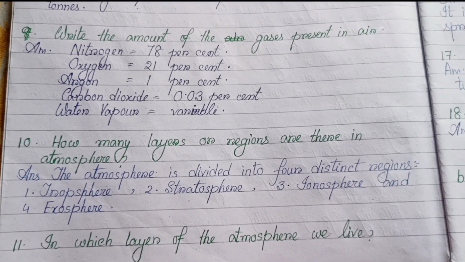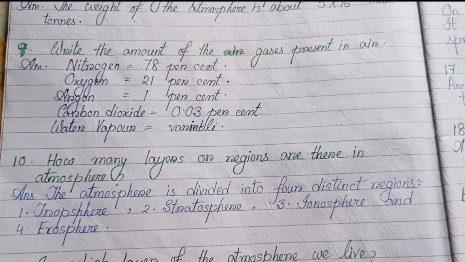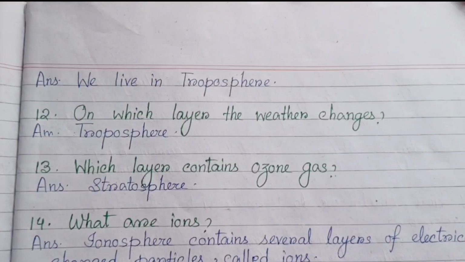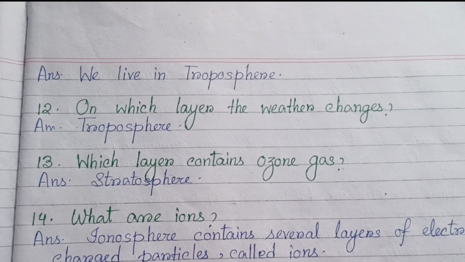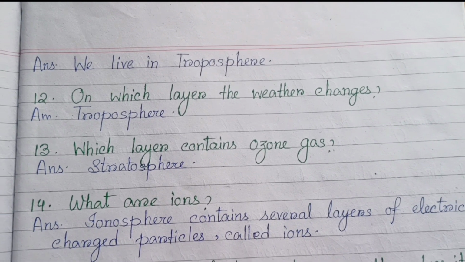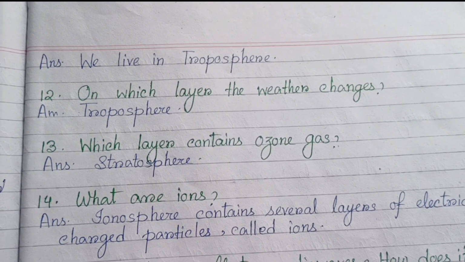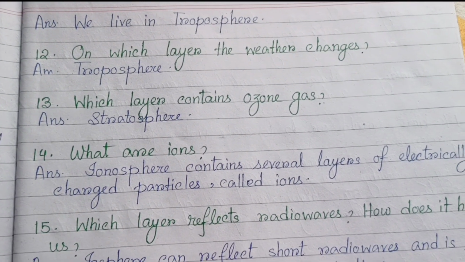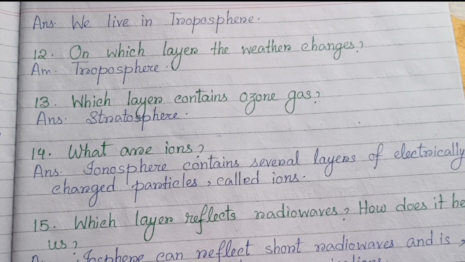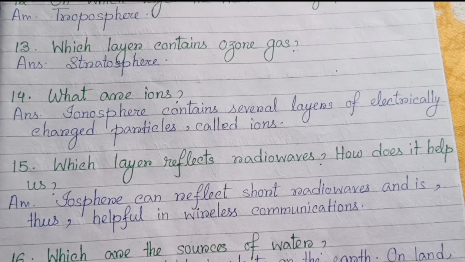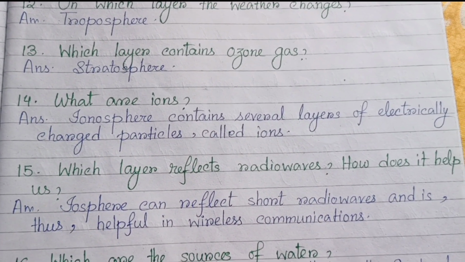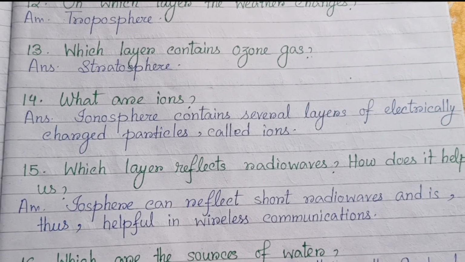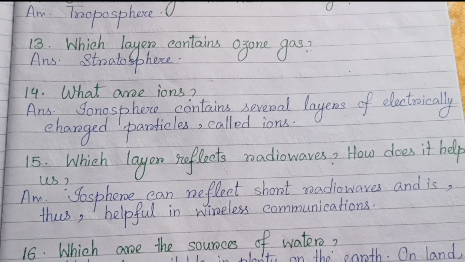Number 11, in which layer of the atmosphere do we live? We live in the troposphere. Number 12, in which layer does the weather change? Troposphere. Number 13, which layer contains ozone gas? Stratosphere. Number 14, ionosphere contains several layers of electrically charged particles called ions.